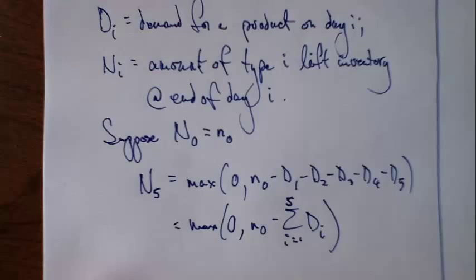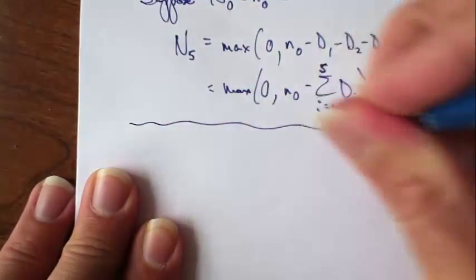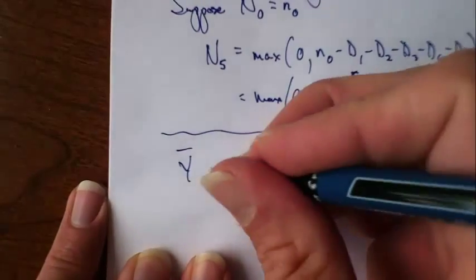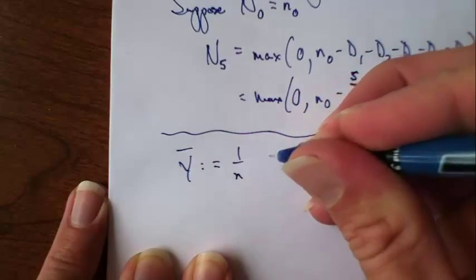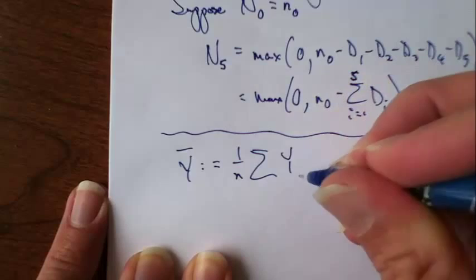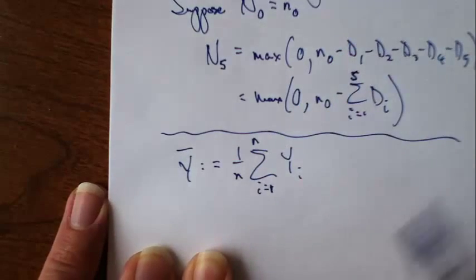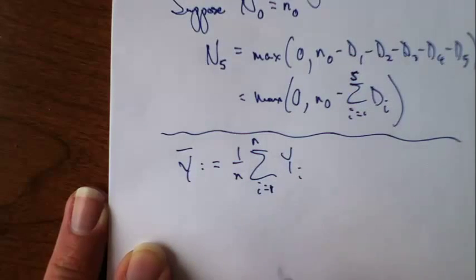As another example, if you take statistics, we might say that Y bar, defined to be the average of these guys, the sample mean. This is a function of these random variables.